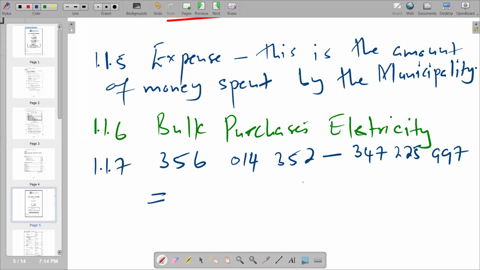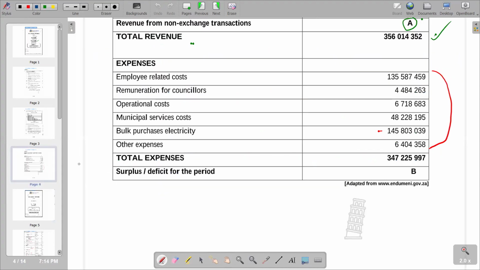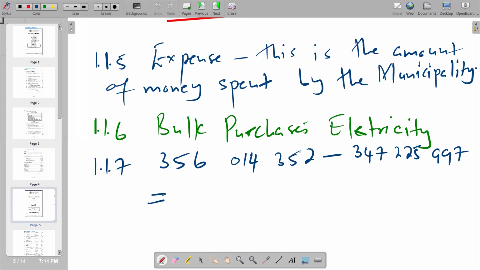These are the figures that we are trying to subtract. If you subtract correctly, the final figure that you are supposed to get is going to be 8 million.